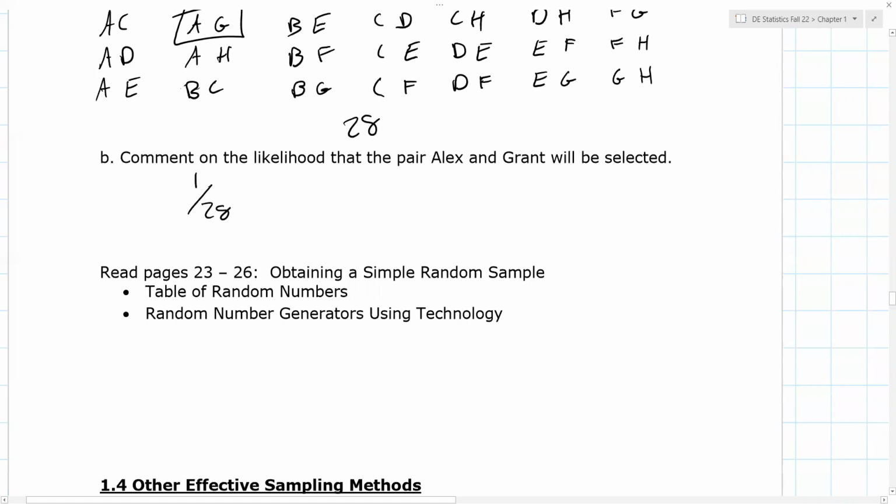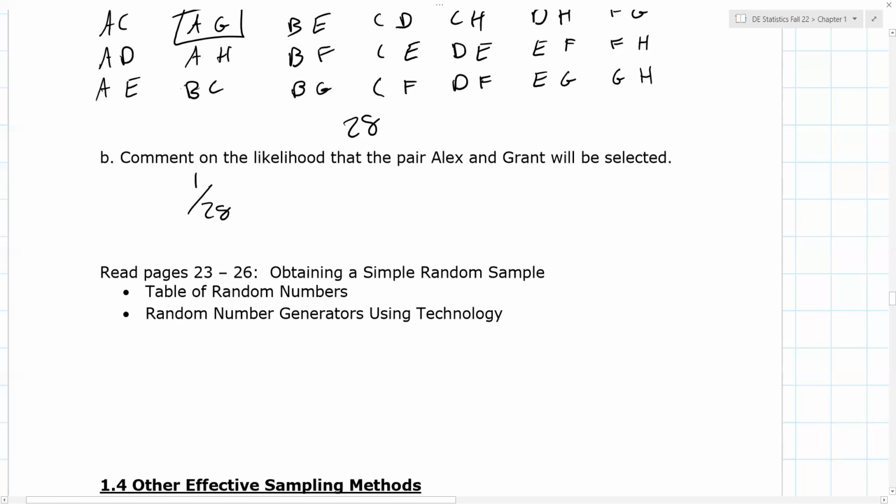When I was in college, not everyone had a graphing calculator. And so instead of using technology to come up with a random number, we were given a random number sheet. That was a sheet of numbers, just an 8.5 by 11 piece of paper that had numbers printed all over it. And we would use that as our random number generator.